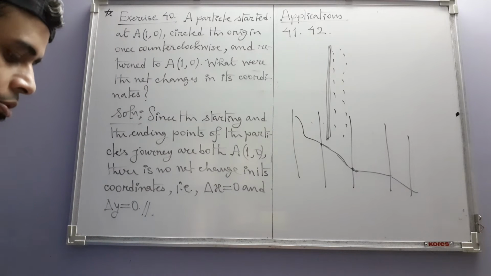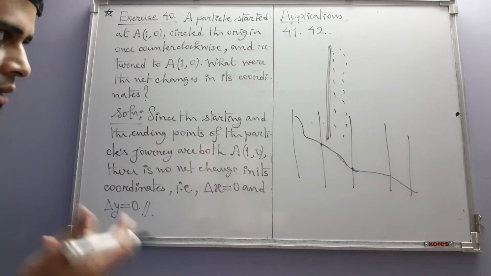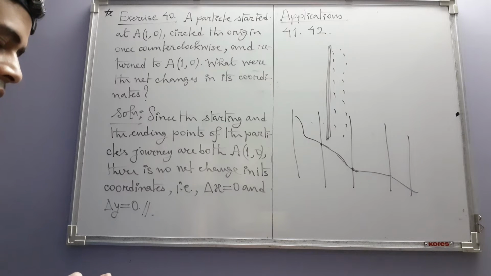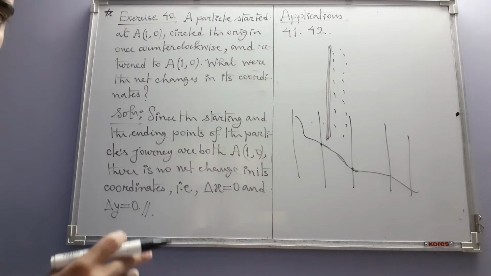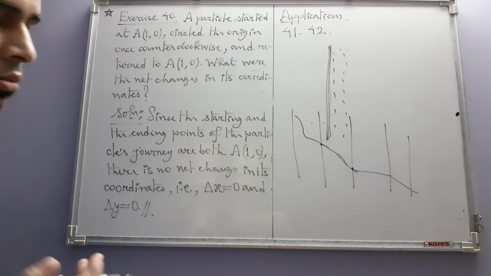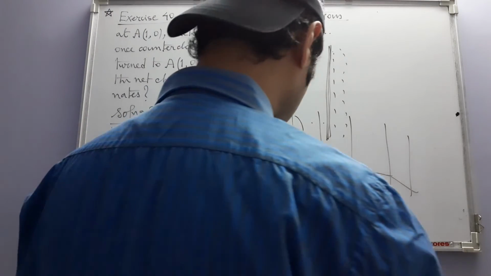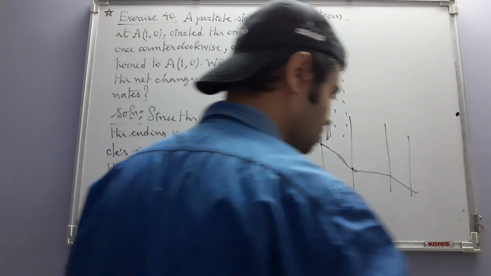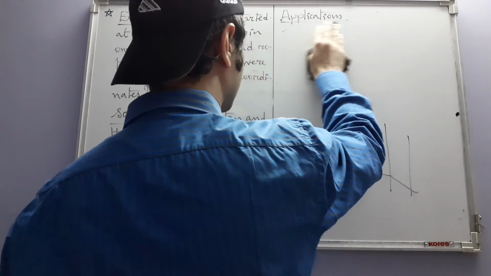So I urge you to go through that exercise yourself, find the slopes and try to match that with whatever answer is already given at the back of the book. So I am leaving these two things out. So from the 43rd exercise we are going to go.